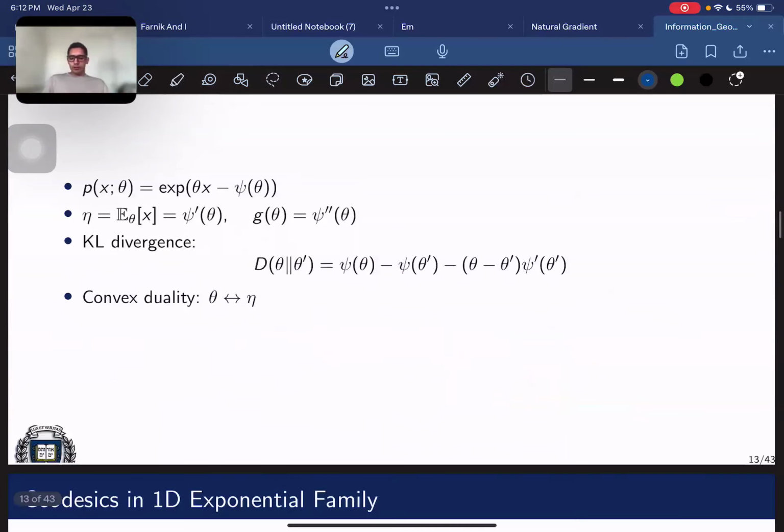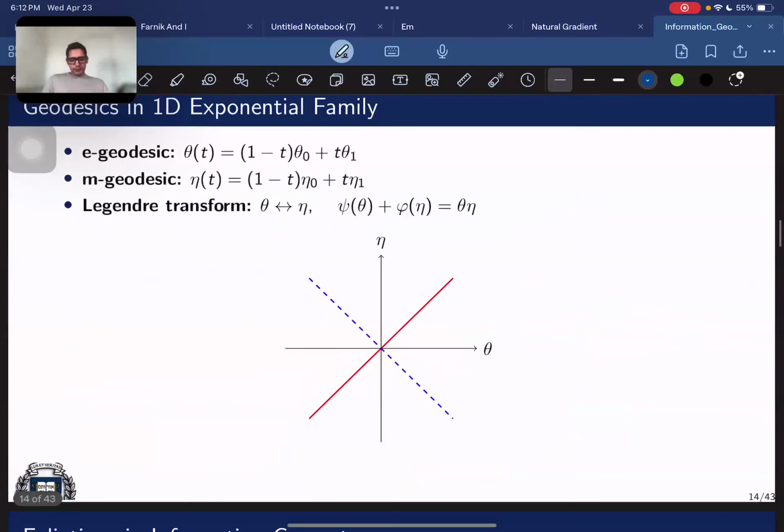Also, we talked about this. We know that the E geodesic is simply a straight line in the natural parameter space, and the mixture geodesic, or M geodesic, is linear with respect to taking the convex combination of two distributions.